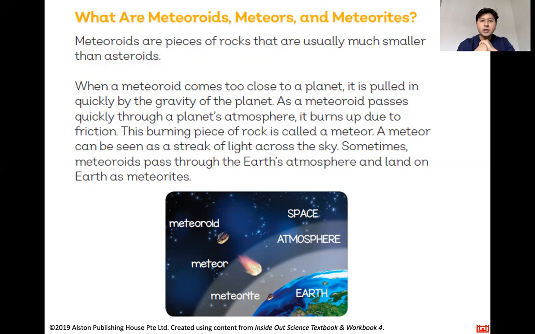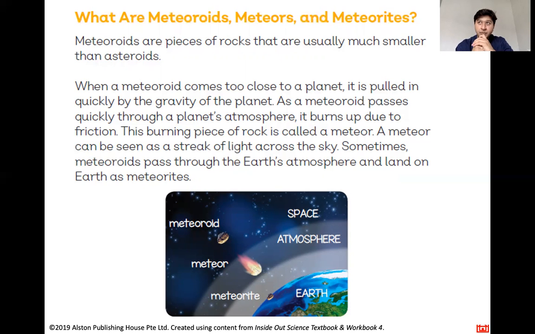When a meteoroid comes too close to a planet, it is pulled in quickly by the gravity of the planet. As the meteoroid passes quickly through the planet's atmosphere, it burns up due to friction. This burning piece of rock is called a meteor. A meteor can be seen as a streak of light across the sky. Sometimes meteors pass through Earth's atmosphere and land on Earth as meteorites.